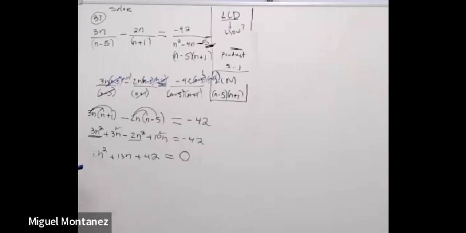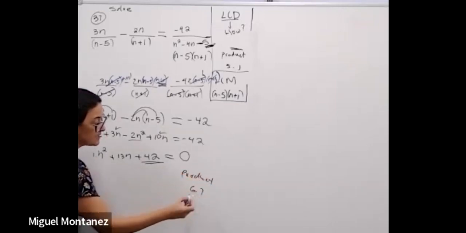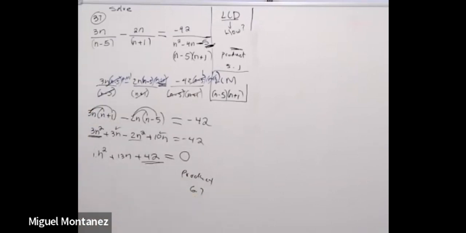But let's see. Can we find two numbers that multiply to give us positive 42 and when we add them, we get 13? The one that 6 and 7. 6 and 7, right? Check it out. Okay, 6 and 7.